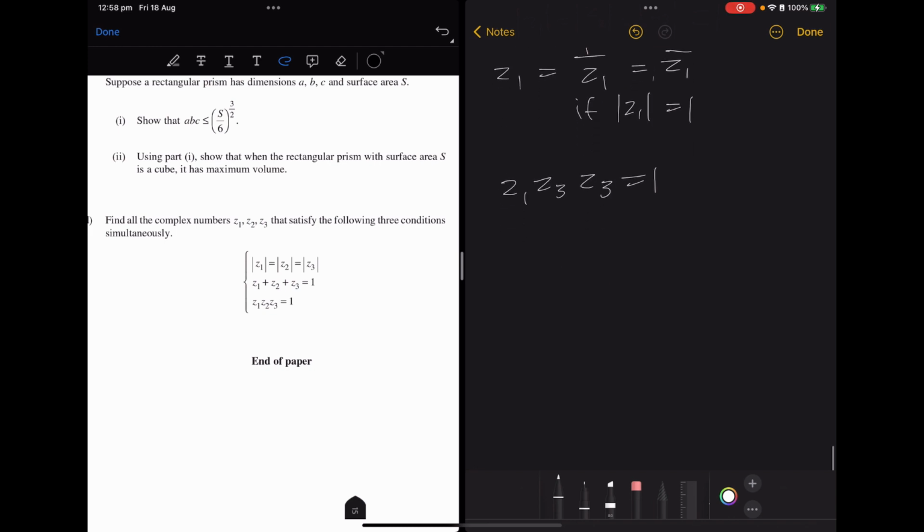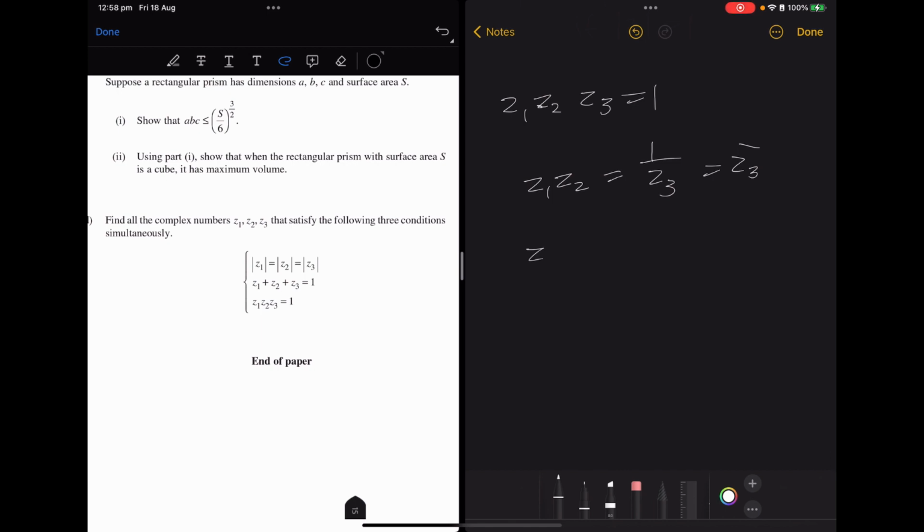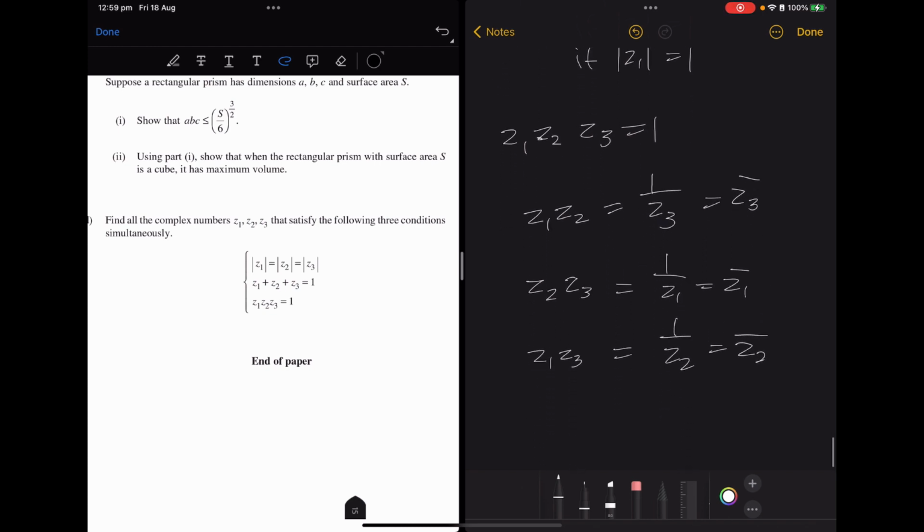Using that, we can write z1 z2 is equal to 1 over z3, which is just z3 conjugate. And same thing with the rest. So z2 z3 is equal to 1 over z1, which is z1 conjugate. And finally, z1 z3 is equal to 1 over z2, which is the conjugate of z2. Since remember, they all have a modulus of 1.